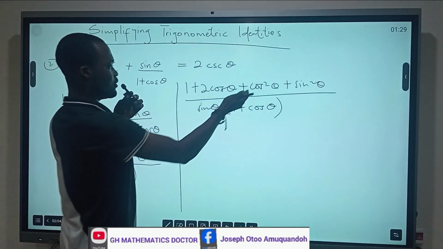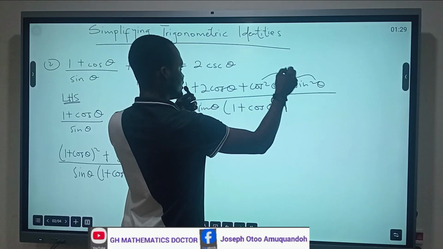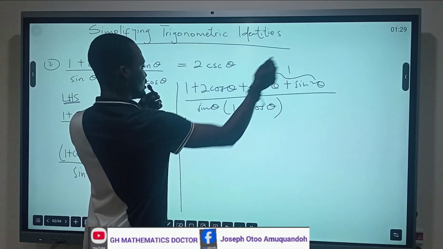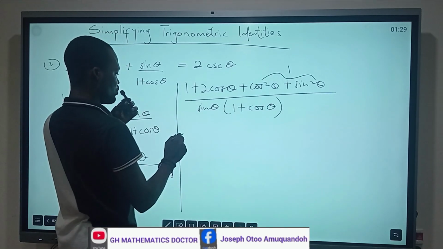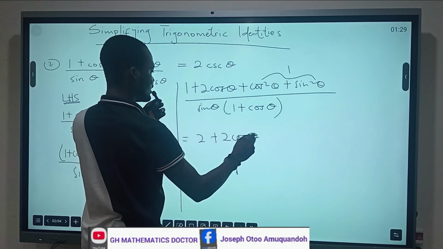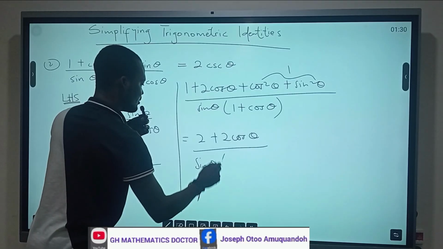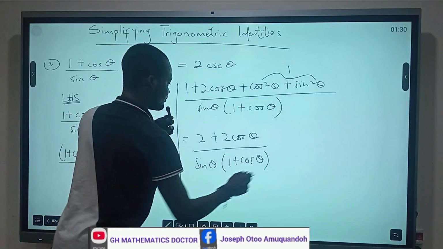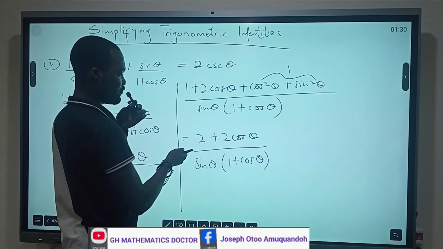Now we have cos square theta plus sine square theta, which also forms an identity to be 1. So I'm going to replace this with 1, and we have another 1 here which will add up to be 2. So we have 2 plus 2 cos theta all over sine theta multiplied by 1 plus cos theta. Then we also need to take 2 out here as our common factor.